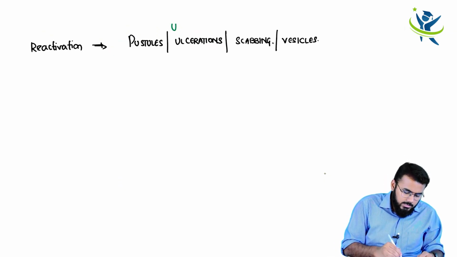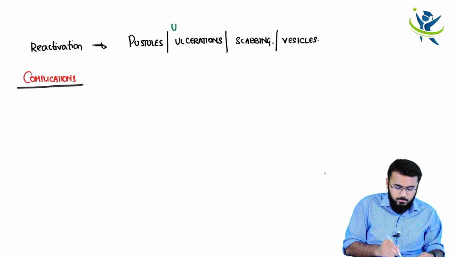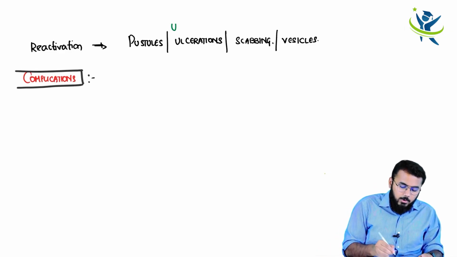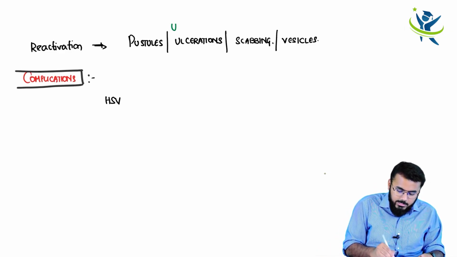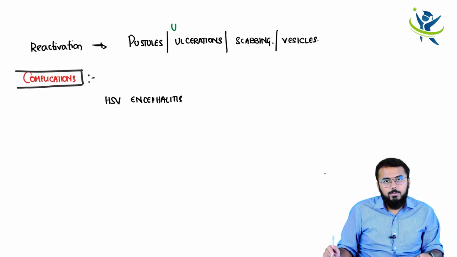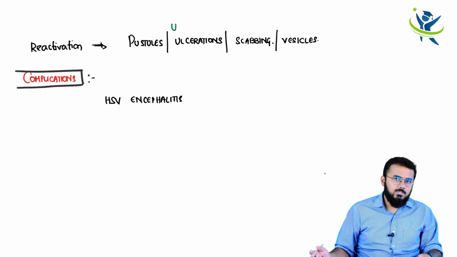So what all complications might he have? The first important complication I told you, that would be HSV encephalitis. Okay. Next, this virus can sometimes affect your esophagus as well as your lungs.